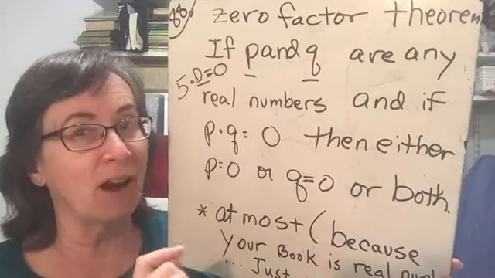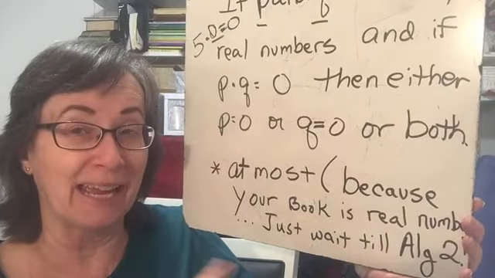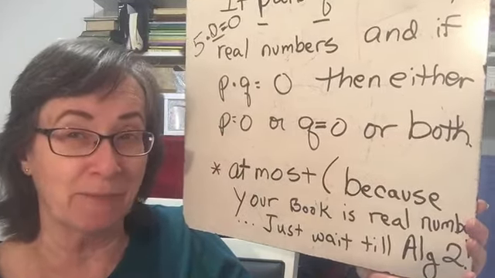Now, one thing I want to clarify. I said that quadratic equations have 2 solutions and cubic equations have 3 solutions, and that is true. However, you're not going to be able to see all those solutions right now in Algebra 1, because in Algebra 1 we speak of a limited system of numbers, which is the real number system.